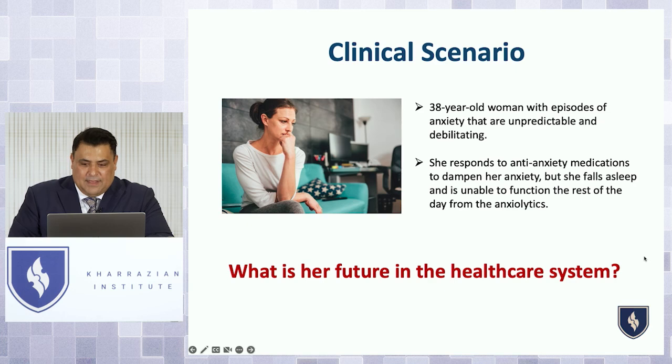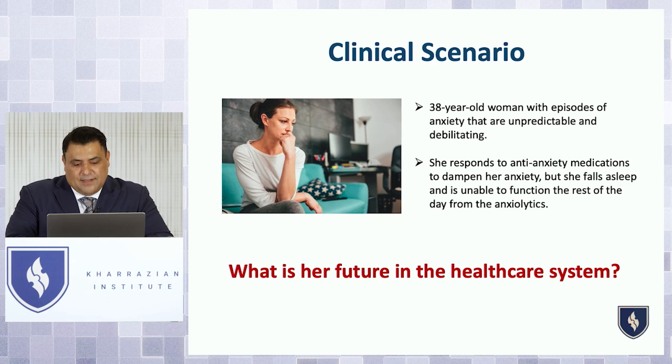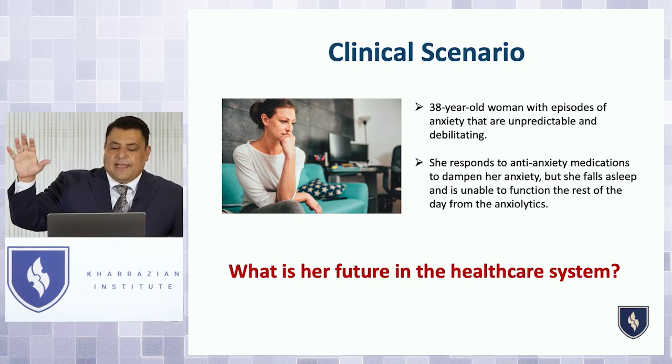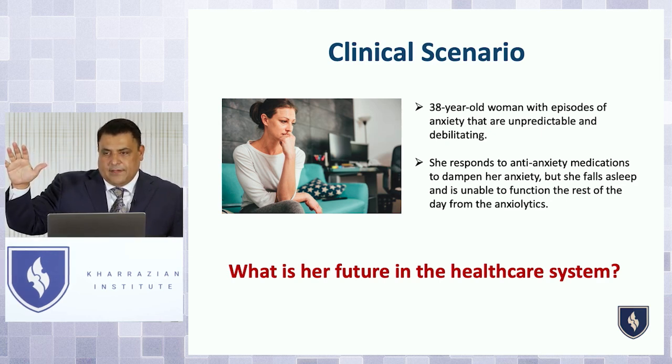And then you look at a person like this, 30-year-old woman with episodes of anxiety that are unpredictable and debilitating. What's the cause of her anxiety pathways? Now, you may not know how to differentially diagnose that yet, but we're going to go into the neurology of anxiety disorders and talk about all the things that impact the amygdala, okay?